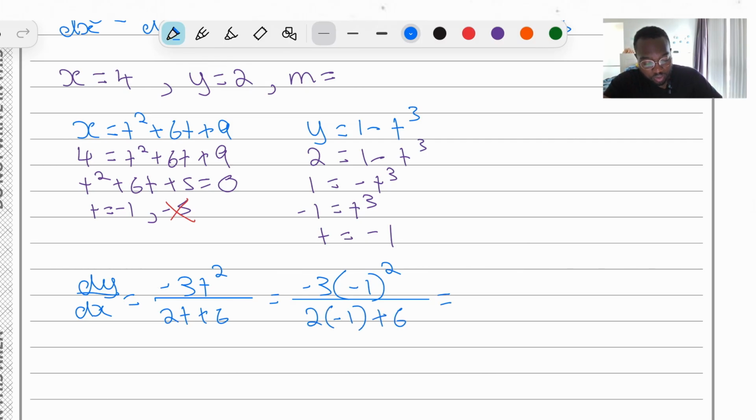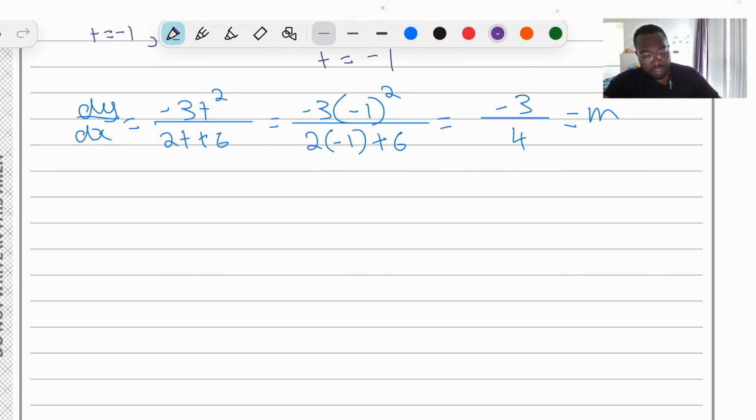If you work that out, you get minus 3 on the numerator, and on the denominator 2 times minus 1 is minus 2, plus 6, you'd get 4. So therefore, dy over dx is minus 3 over 4, so that means our m value is minus 3 over 4.